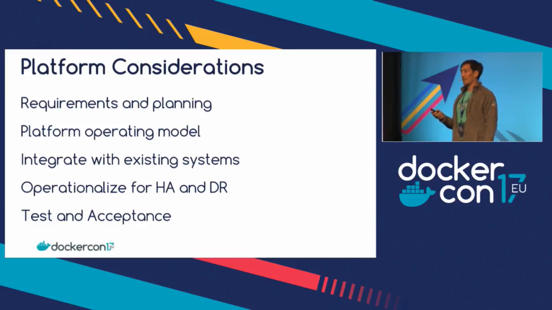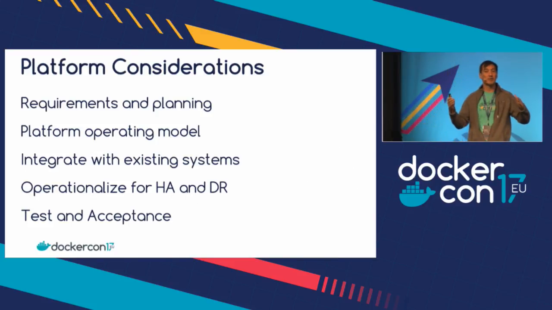And then, as any good system, you need to figure out high availability, deploy it as clusters, and more importantly, disaster recovery. So do I do disaster recovery across several data centers? What happens if one data center goes down? Do I cut over everything to the other data center?